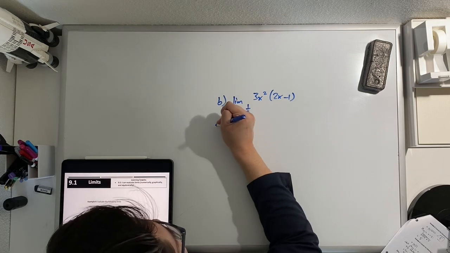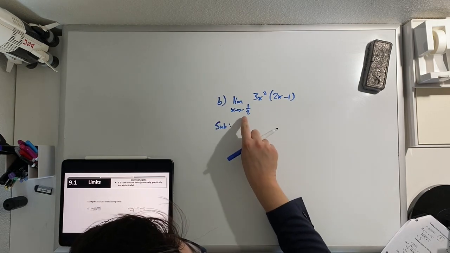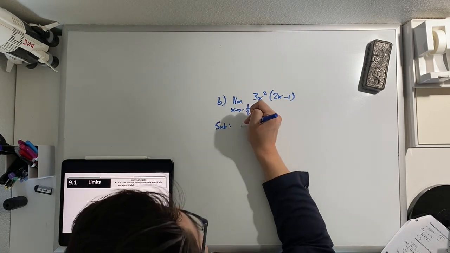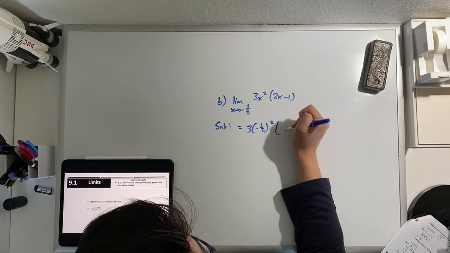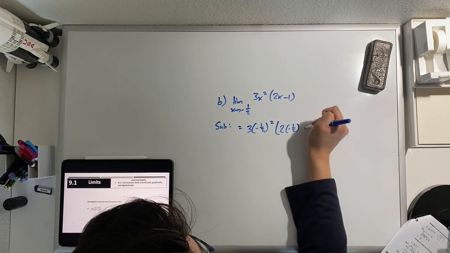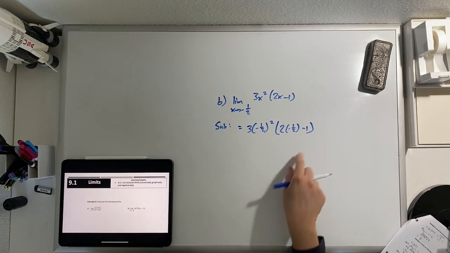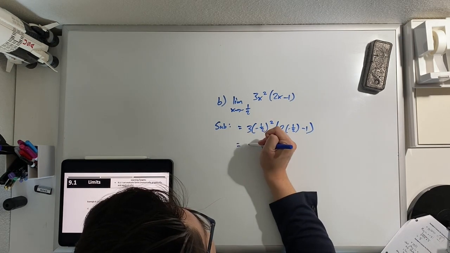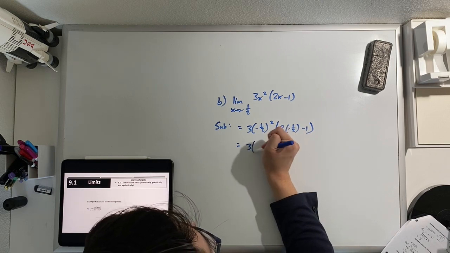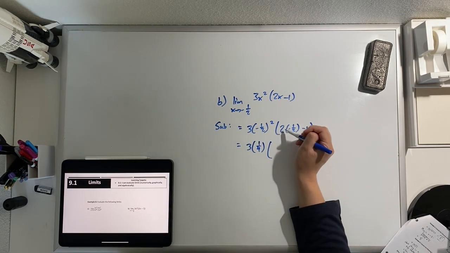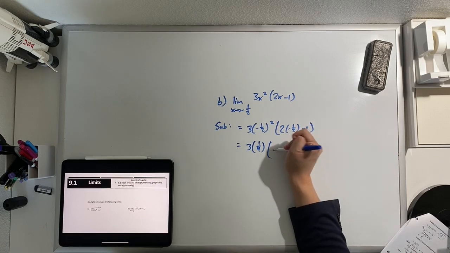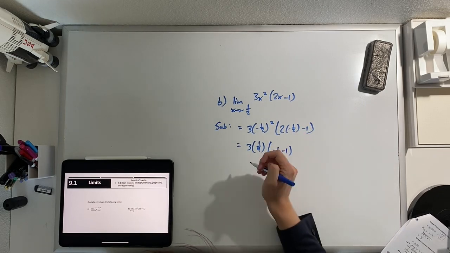So we try substitution. We're plugging in negative 1/2 for x. All right, now we just need to be careful when we're simplifying this. Negative squared is positive, 1/2 squared is 1/4. 2 times negative 1/2 is negative 1 minus 1.